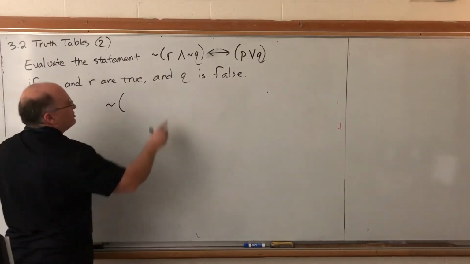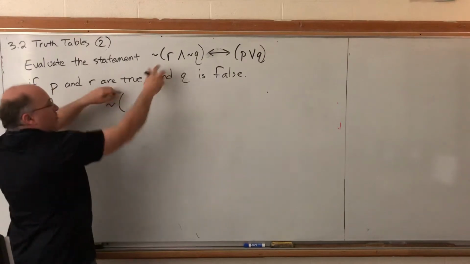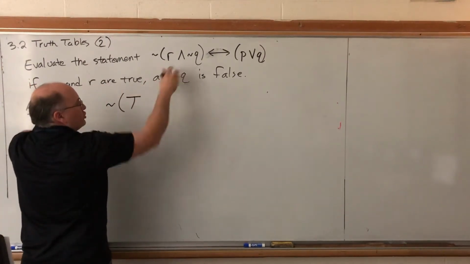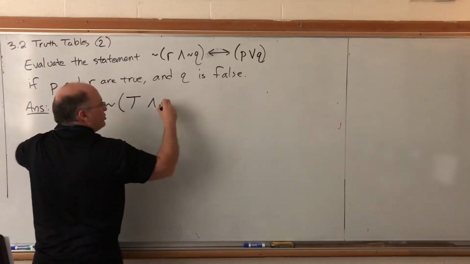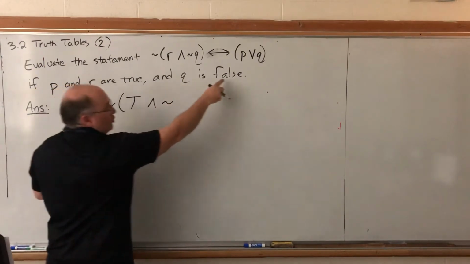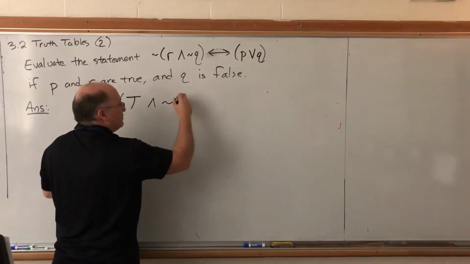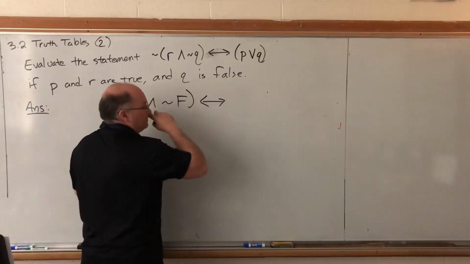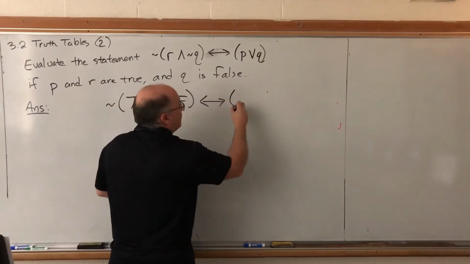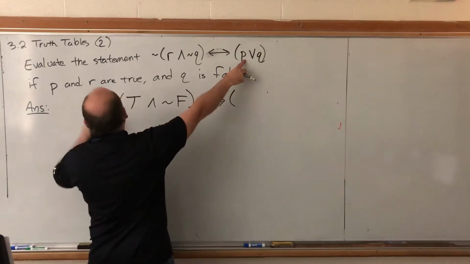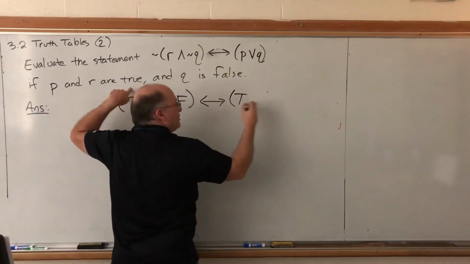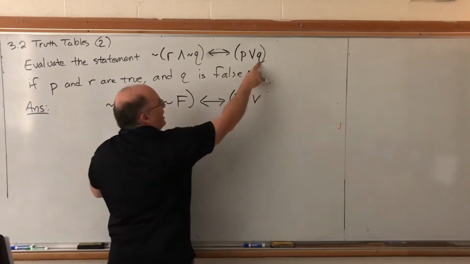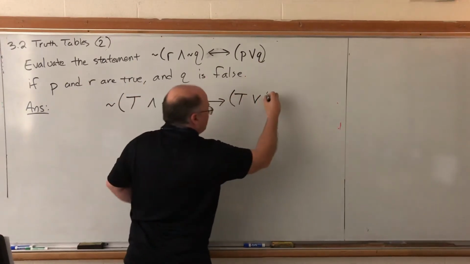Negation, parentheses. We're replacing R with true. Conjunction, negation. We're replacing Q with false, close parentheses. Biconditional, open parentheses. We're replacing P with true, disjunction, and we're replacing Q with false.